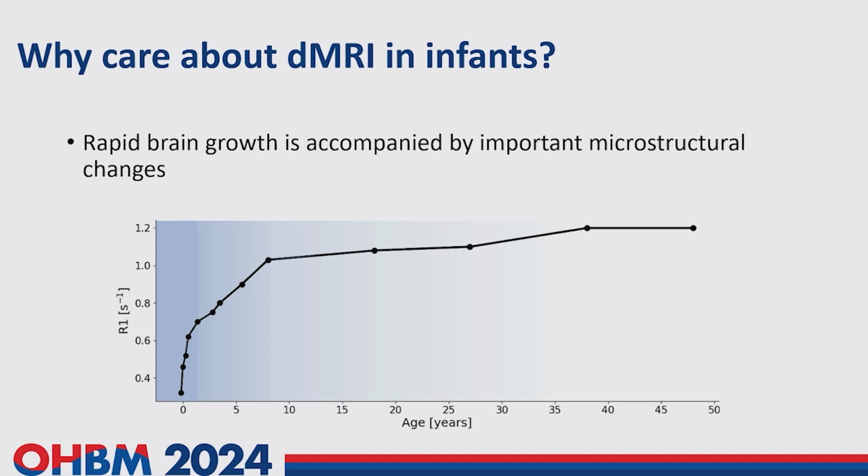R1 is a measure which is related to myelin content. And the blue shading basically indicates approximate growth rate. And as you can see, myelin grows particularly rapidly in the first year of life as well. Myelin is also associated with various different psychological and neurological disorders. So understanding how myelin is usually built up in this critical period where it's growing really rapidly is important for our understanding of human brain health.